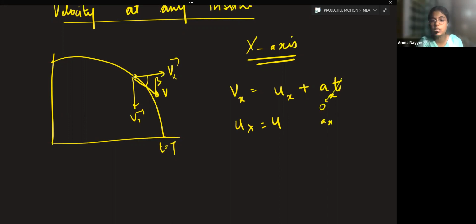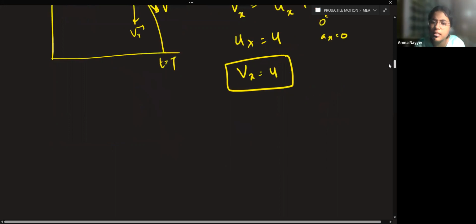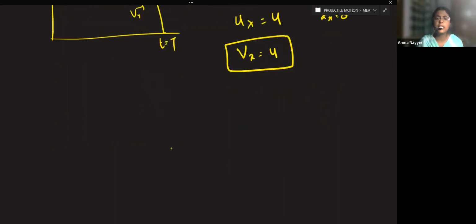Ax is 0. So your vx comes out to be u. Even from angular projection, if you are able to recall, velocity along x-axis was u cos theta only. There wasn't any change in velocity along x-axis, because that's a condition. I have told you that's a condition for any object to be covering projectile motion, that velocity along x-axis does not change. So be it horizontal, be it angular.